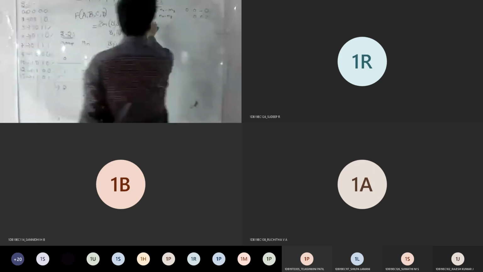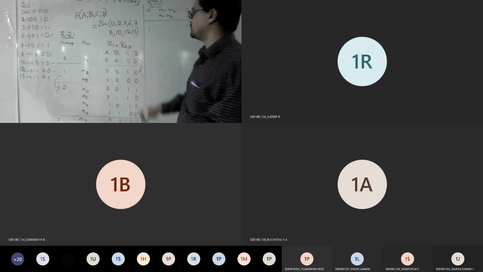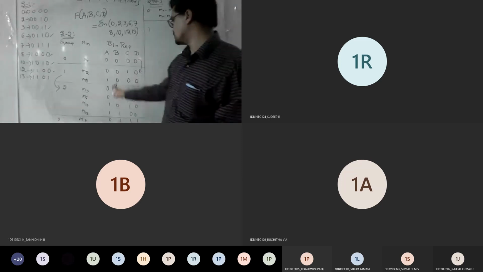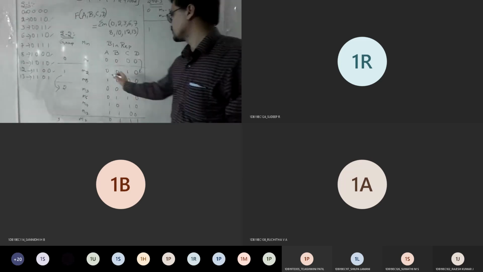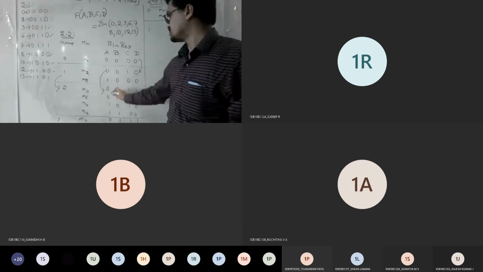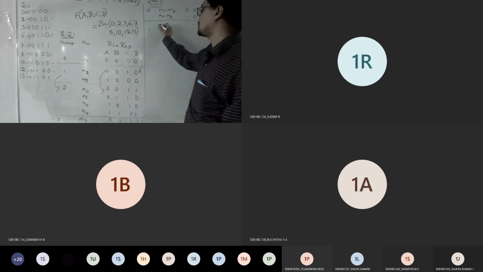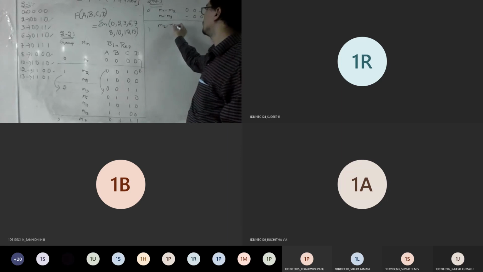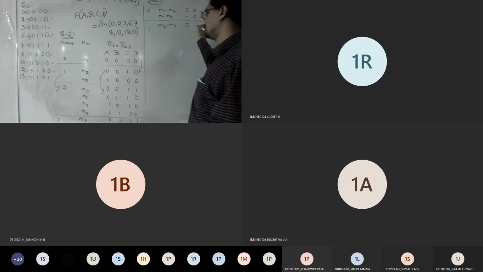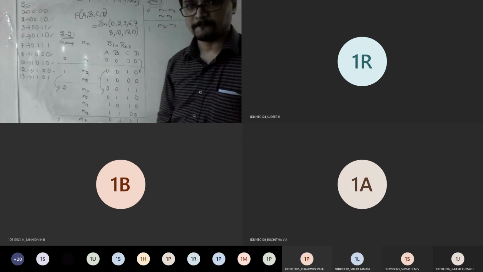Next, compare group 1 with group 2, that is your second one. M2 and M3: any possibilities? M2 and M3, 0 0 1 0 and 0 0 1 1, so you can write 0 0 1 and a single dash. Correct?